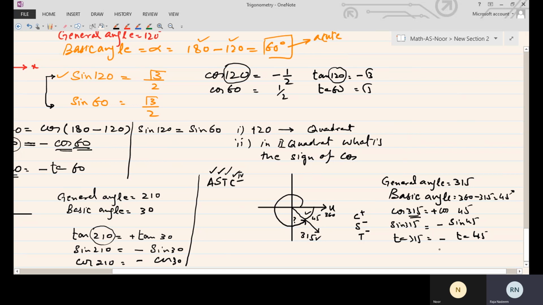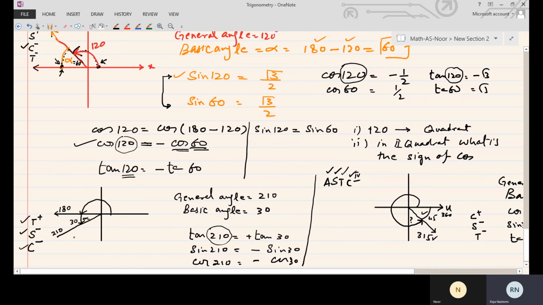Okay. So whenever you have any given angle in the second quadrant, the basic angle would be found like this: given angle minus 180 when it is in the third quadrant. When it is in the fourth quadrant, alpha is the basic angle, you'll subtract: 360 minus given angle.